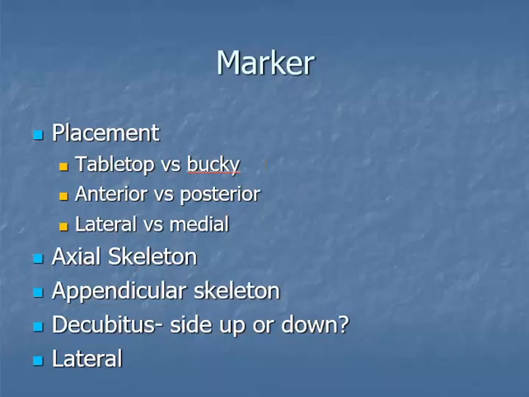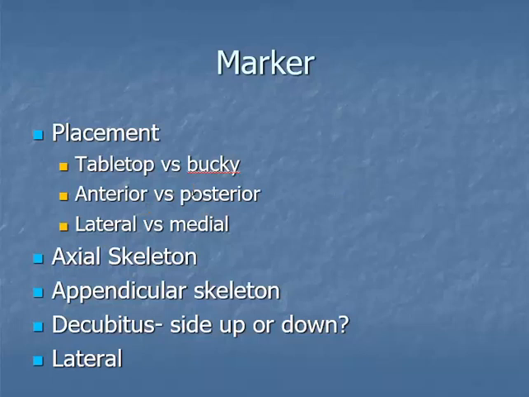I've seen some images where the marker looks like it's about 3 times the size it should be. And that's because some people will put the marker on the patient themselves. I really don't recommend you do that. The marker really needs to be as close to the image receptor as possible.